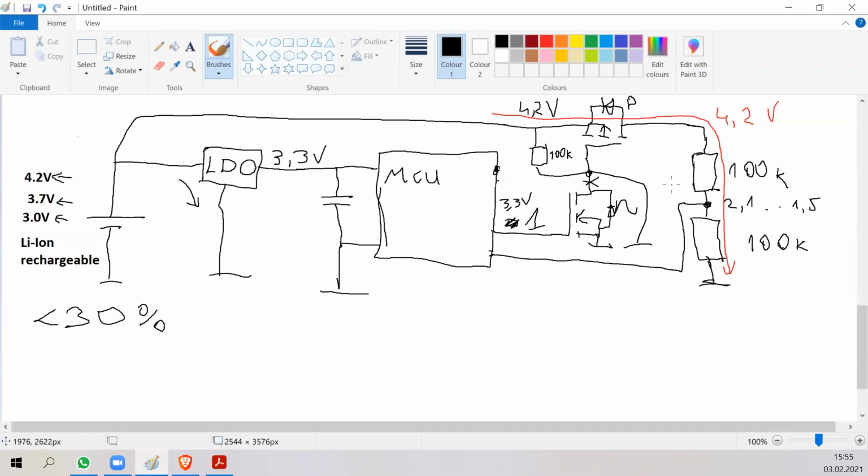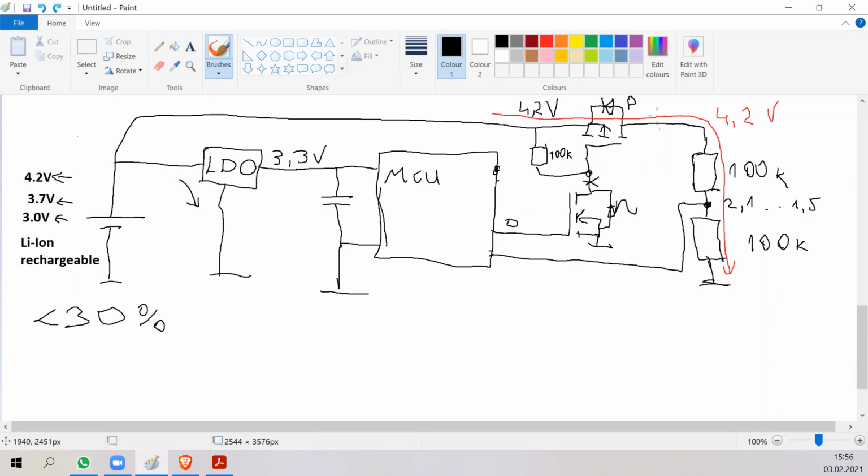And when I'm finished measuring, I just set this gate off to 0, and this pull-up resistor pulls the P-channel MOSFET to 4.2 volts and closes it, and it doesn't conduct electricity.